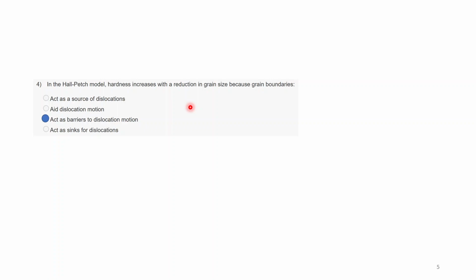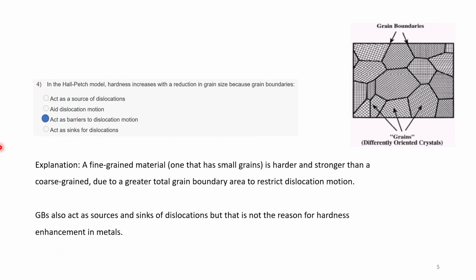So the answer is that grain boundaries act as barriers to dislocation motion.